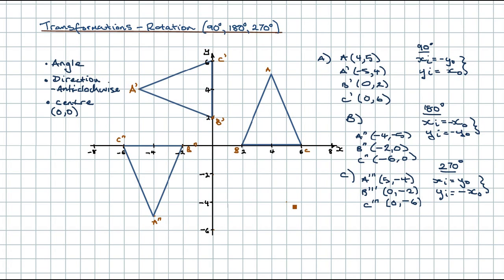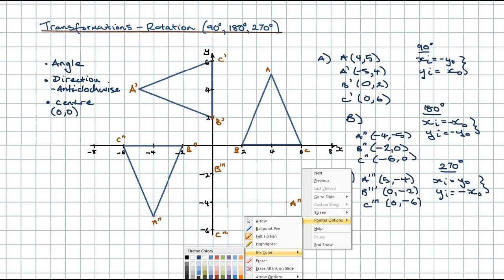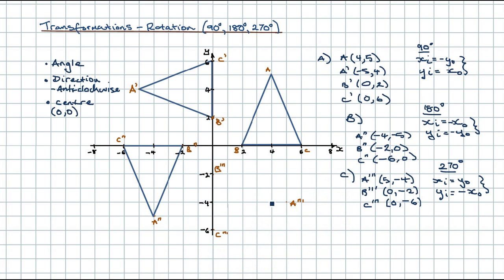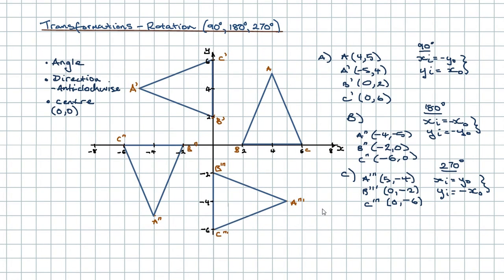So we've got A prime prime prime, B prime prime prime, and C prime prime prime. And if we join those together, we should have our final 270 degree rotation.